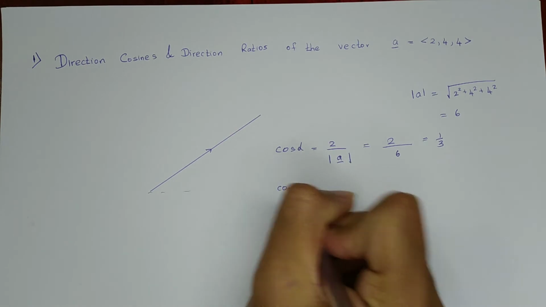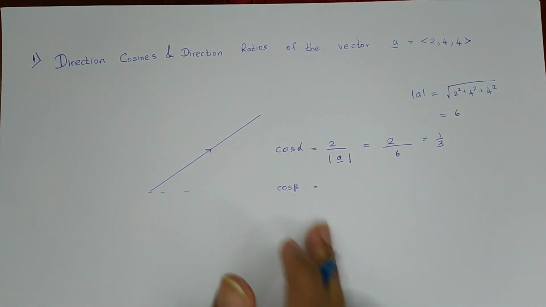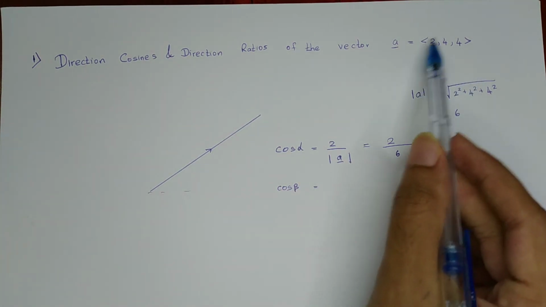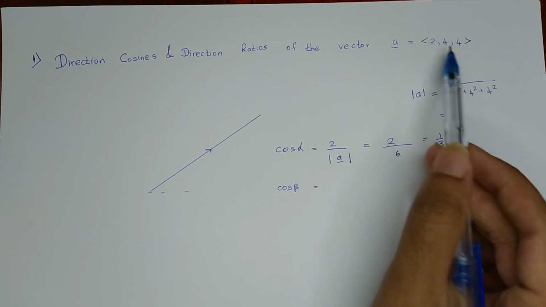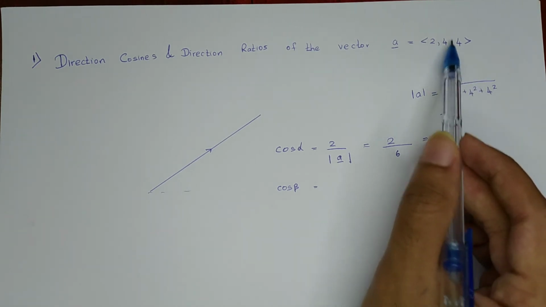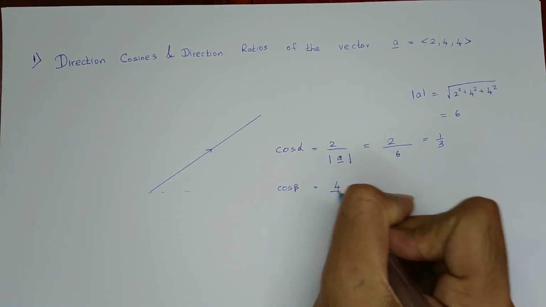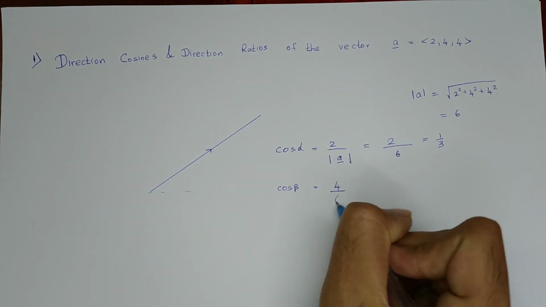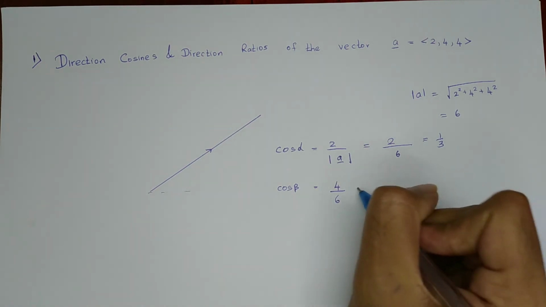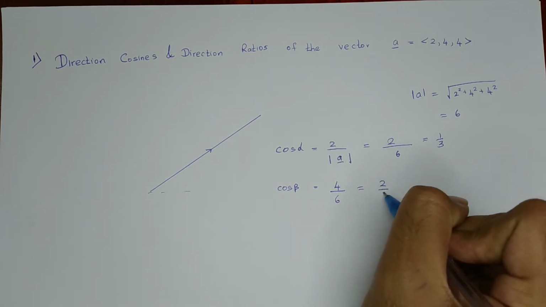You can easily find them like this. Cos beta would be equal to the second axis, which we normally denote as the y-axis. So this is going to be 4, and if I divide by 6, the mod of a, it would be 2 by 3.